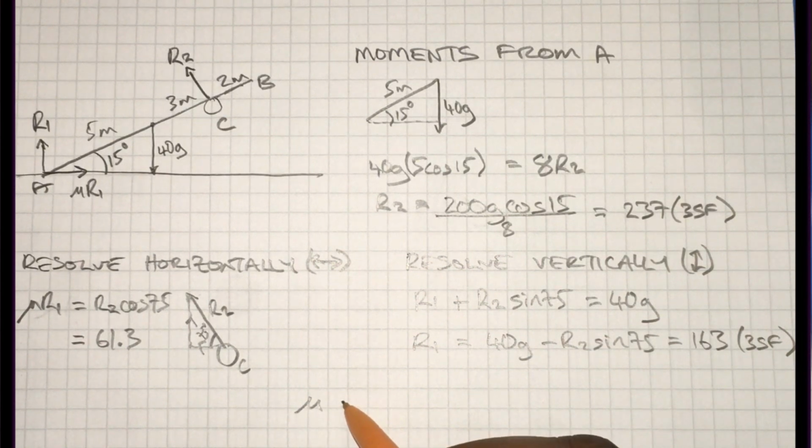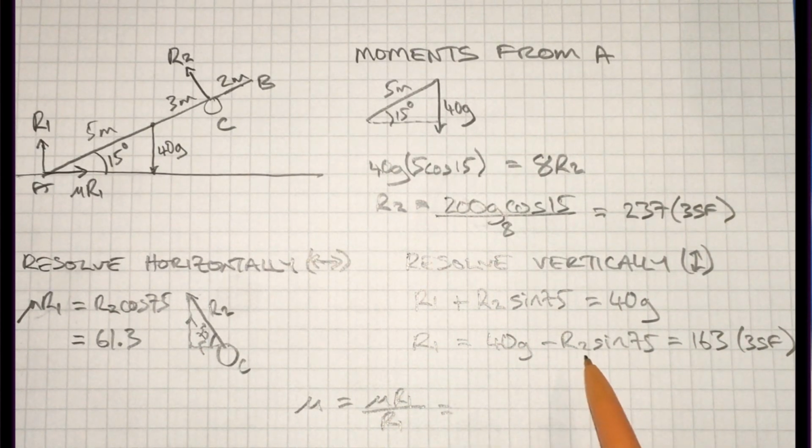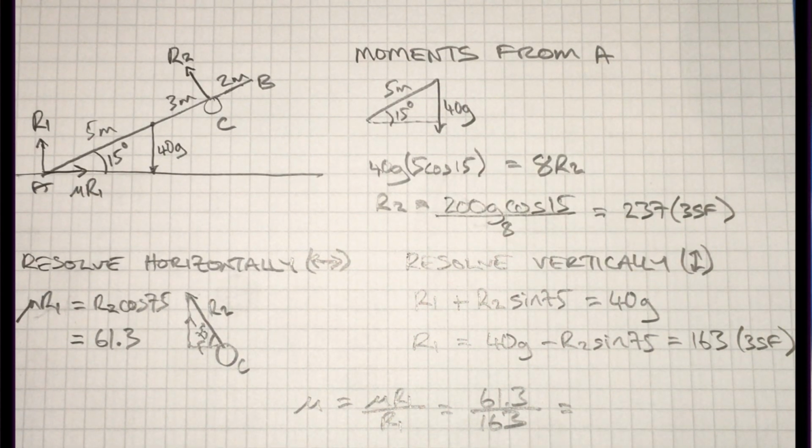Okay, mu is going to equal 61.3 divided by 163. Okay, so it's going to be quite a small coefficient of friction. Into the calculator, and we get 0.38.